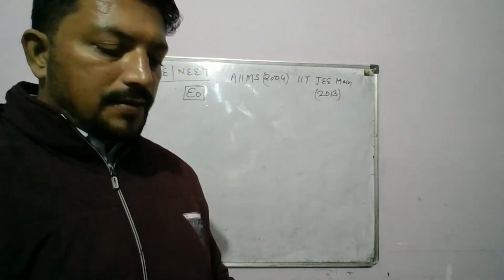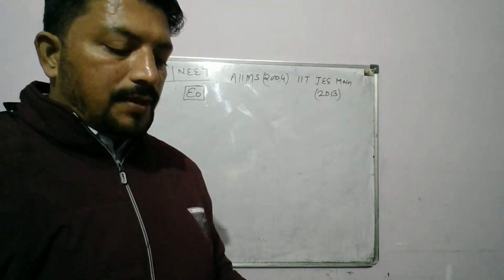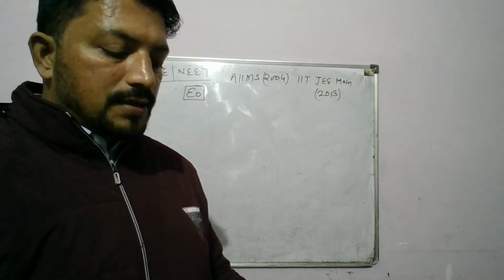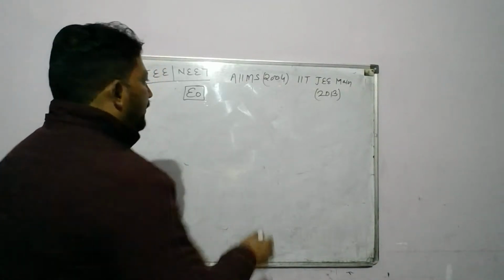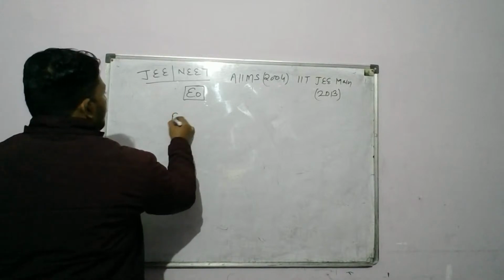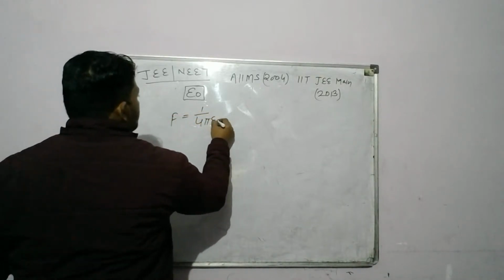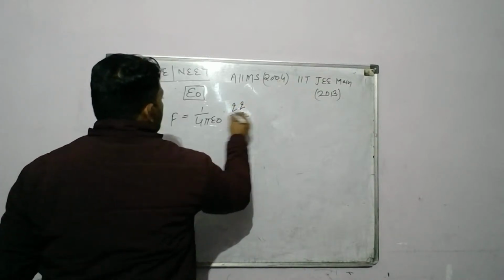The question is: using mass M, length L, time T, and current ampere as fundamental quantities, the dimension of permittivity is what? F is equal to 1 upon 4 pi epsilon 0 into q into q upon r square.